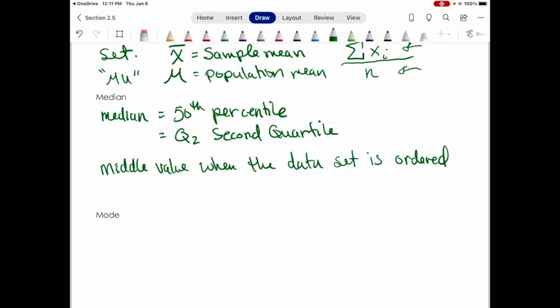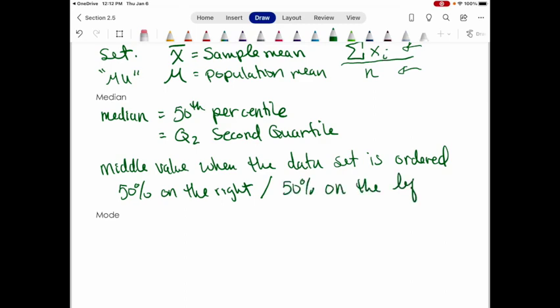And that's going to cut the data in half. So there will be 50% of the data on the right of the value and 50% of the data will be on the left of that data value. And that, again, only works if the data is in order from left to right.